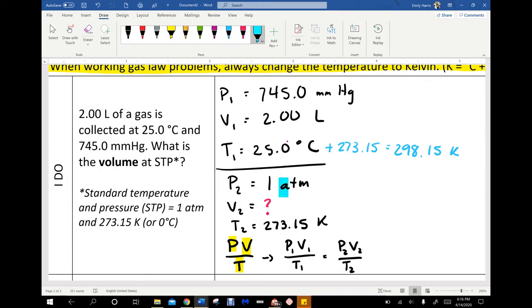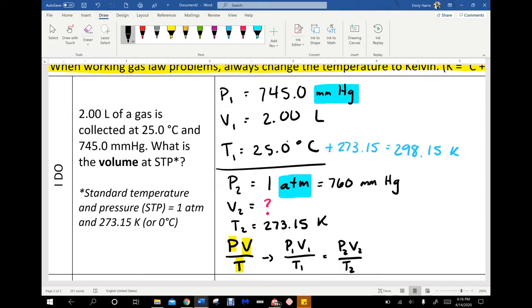All right. Now, here's another thing I'd like to point out. If you notice, our second pressure is in atmospheres, but our first pressure is in millimeters of mercury. And so on your blue reference sheet, there's actually a special relationship between these 2 variables. And what it tells us is that 1 atmosphere is equal to 760 millimeters of mercury.